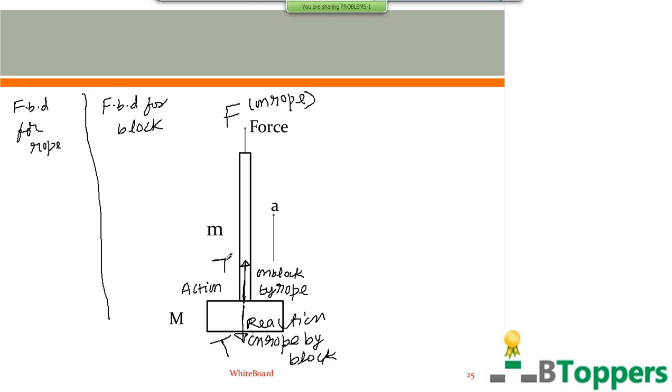So in this action-reaction pair I have shown in the figure, action is the force on block by the rope. So action is the force on block, so it should be indicated in the free body diagram for the block.